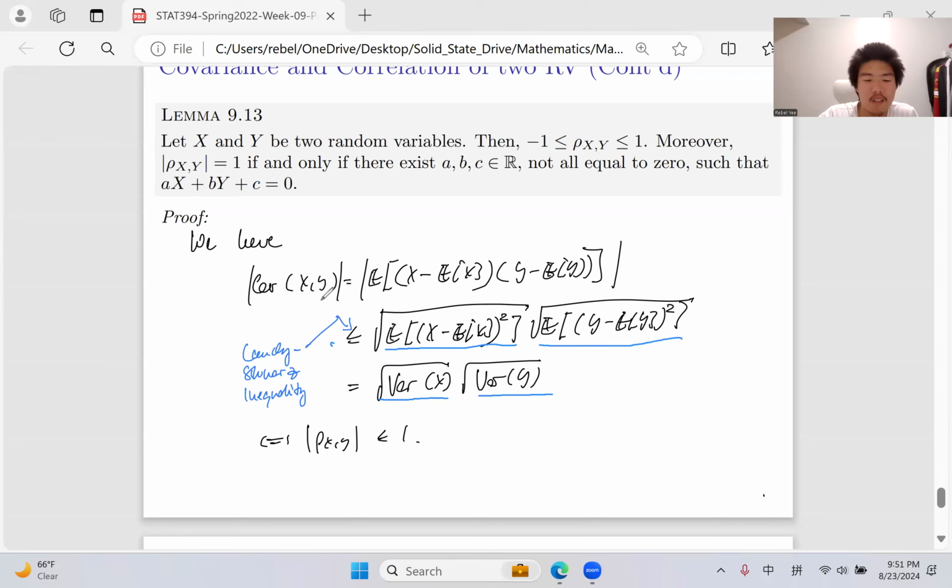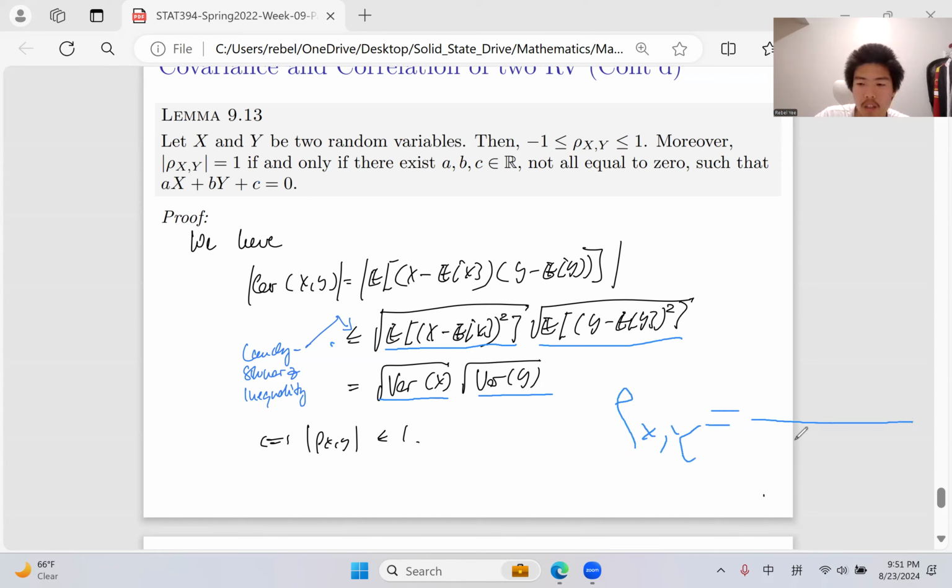So the absolute value of the covariance of x and y is smaller or equal to the root square of the variance of x times the variance of y. So just recover the rho xy. Its formula is the covariance of xy over the root square of variance x times the root square of variance y, right?